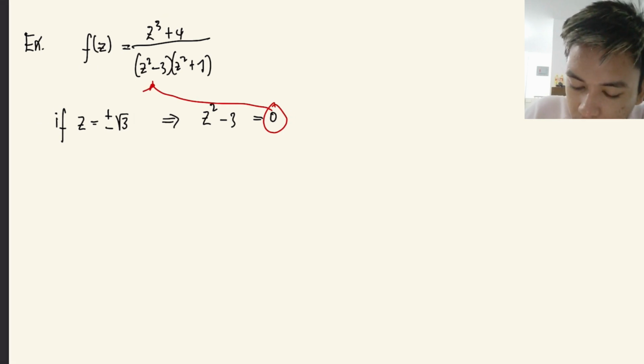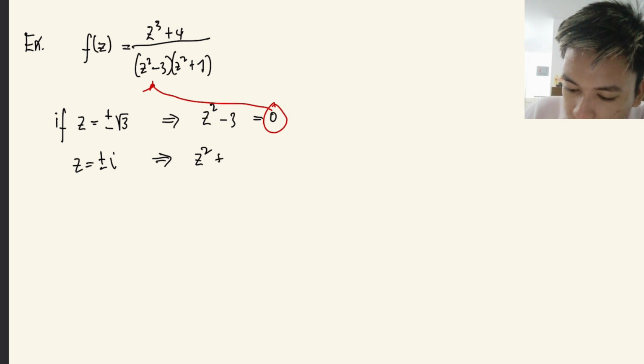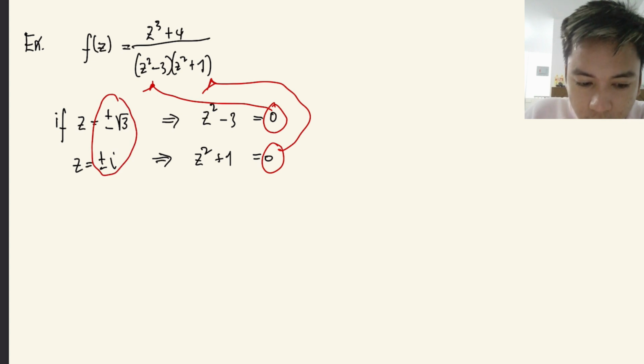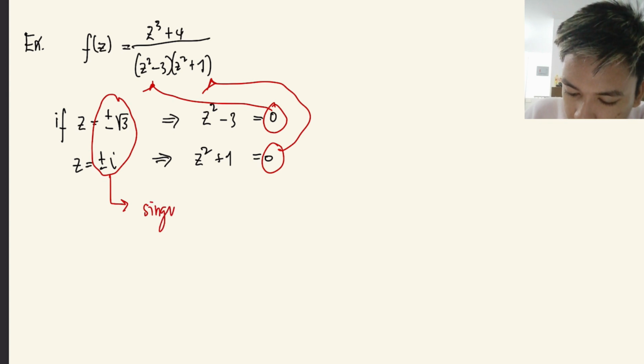Also, if z equals plus or minus i, z squared plus 1 is 0, and again we are not going to consider that this will be 0. Hence, we are avoiding these values. In other words, these are singular points.